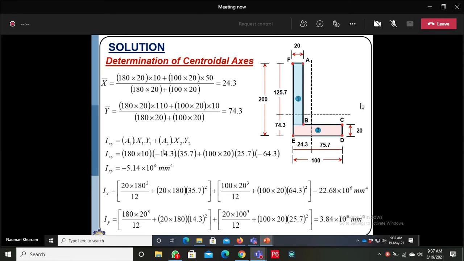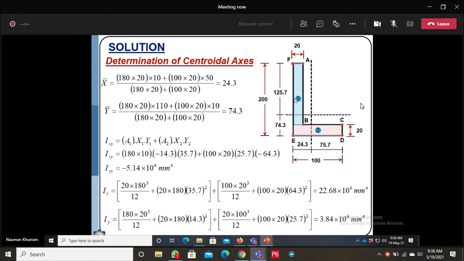Similarly, we can compute the moment of inertia about the centroidal x-axis. First we deal with the net total area by dividing it into two parts. The moment of inertia of area 1 about its own centroid is 20 into 180 cube divided by 12. We need to transfer this moment of inertia from the x-axis of area 1 to the x-axis of the net area.